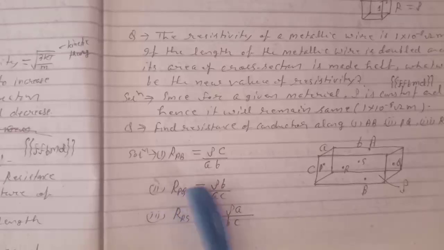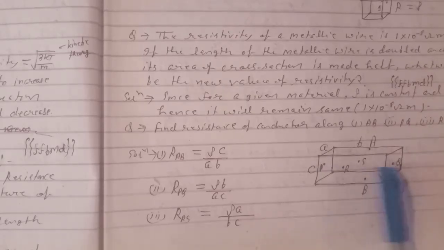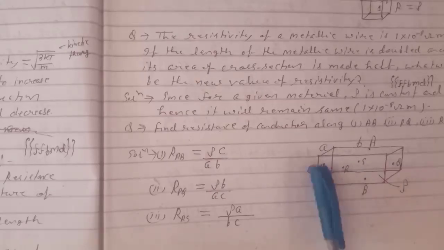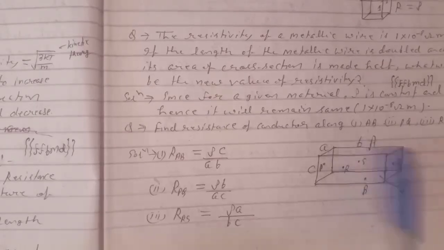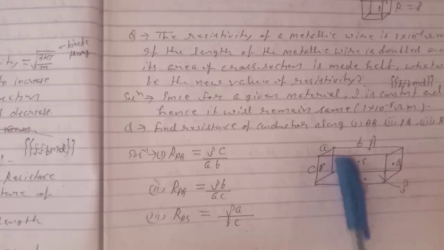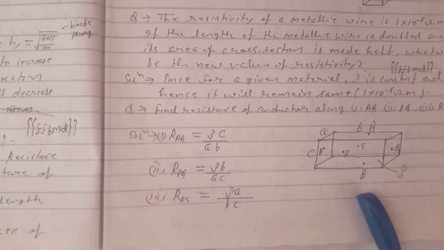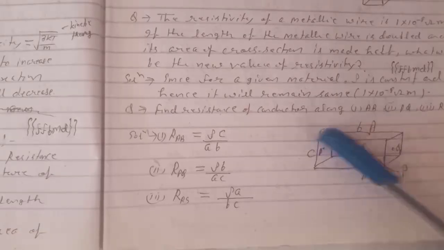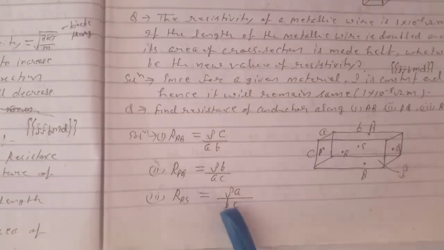Again for RPQ, rho always remains the same but resistance can change. Here the length is B, so rho into B, and the area will be A into C. Again for RRS, the length is A, so rho into A, and the area will be C into B. So we have calculated the resistance.